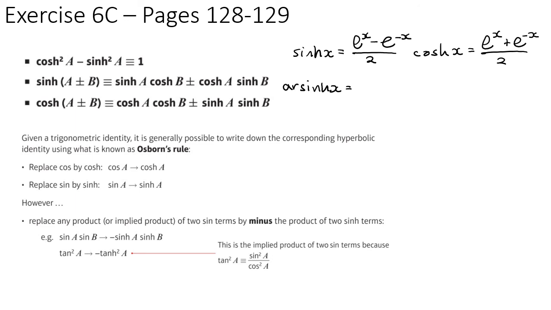So arcsinh x is log of x plus the square root of x squared plus 1.